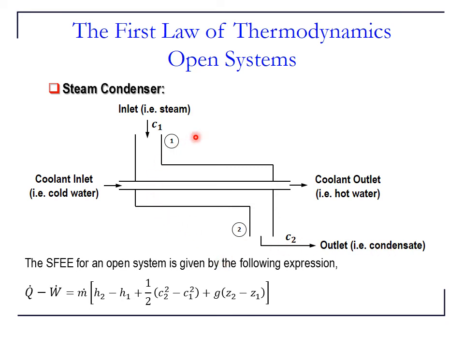Basically, this is another huge heat exchanger. We run coolant from the inlet to the outlet to cool down and condense the steam. So we have cold water flowing in and hot water coming out, which means that the heat will transfer from the steam to the coolant.